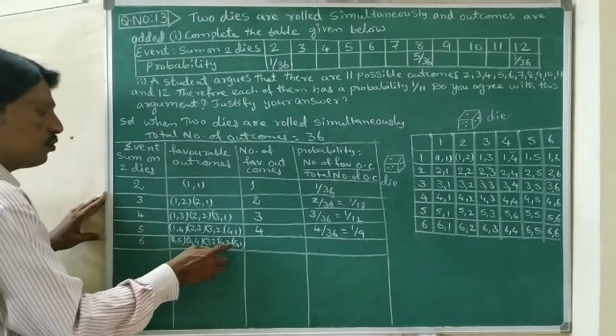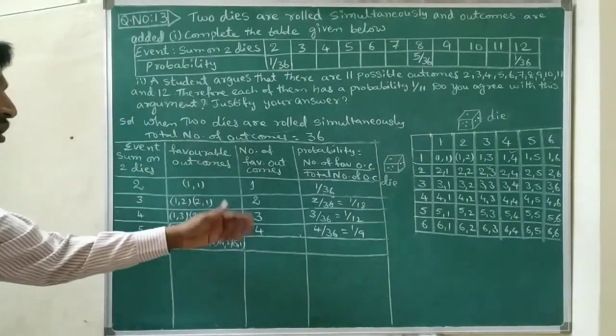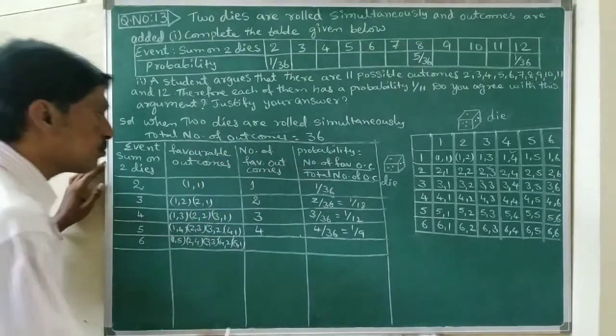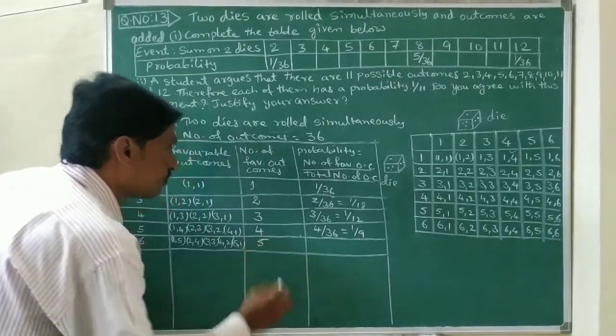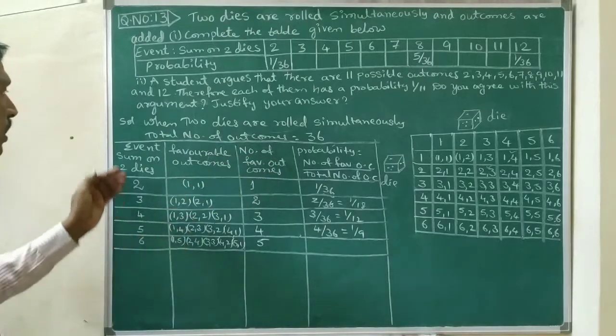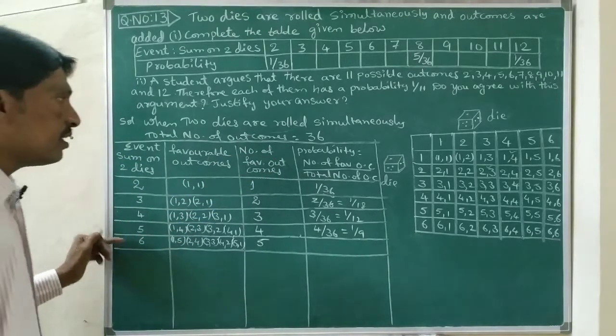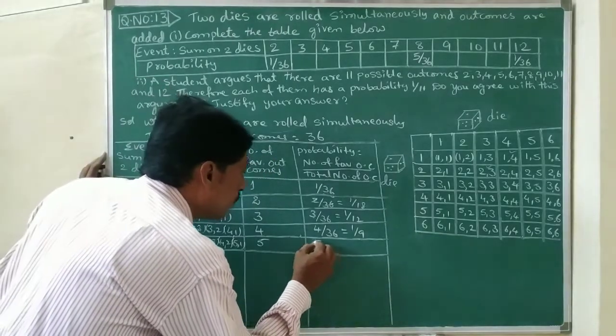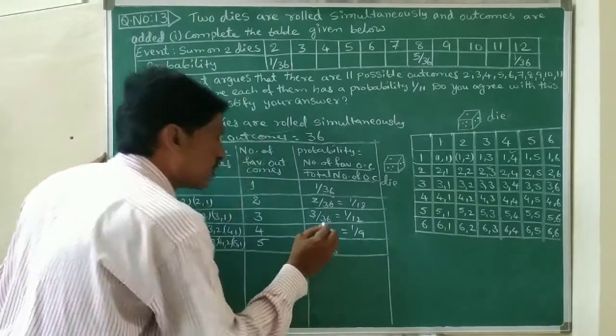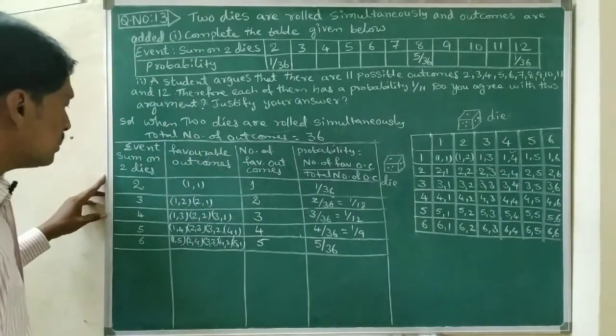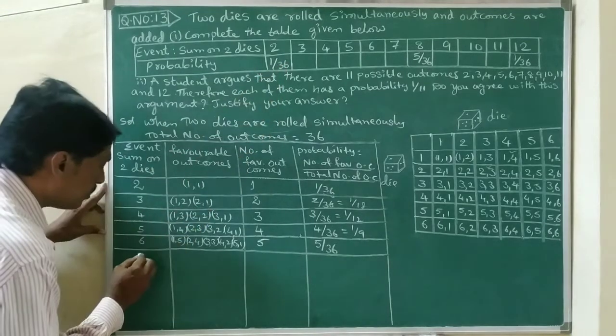That is 1, 2, 3, 4, 5. Number of favorable outcomes will be 5. Probability of getting a sum of 6 is 5 by 36. We can't cancel 5 by 36. Next, sum on two dice is 7.